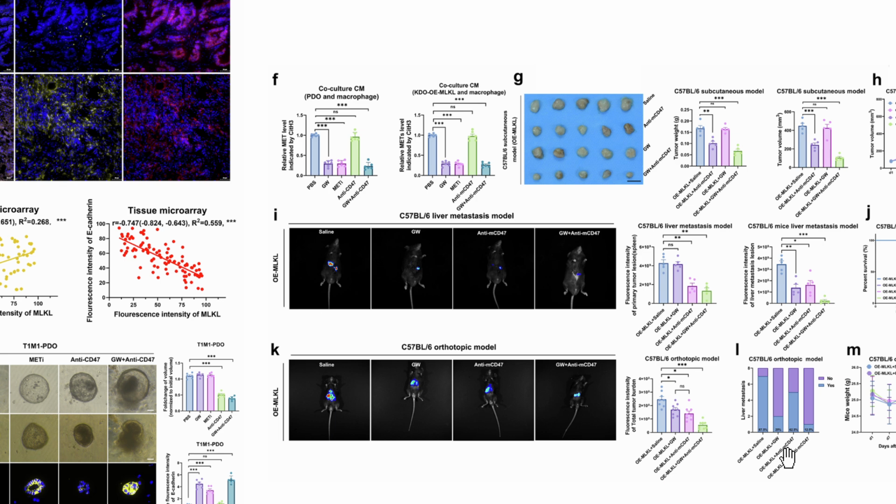That is, when they use the GW, which prevents the MLKL overexpression. And when they use only CD47, they see an increase in the metastasis, but it is lower than the control. But when they use both the reagents together, that is GW and anti-CD47, they see the lowest liver metastasis.